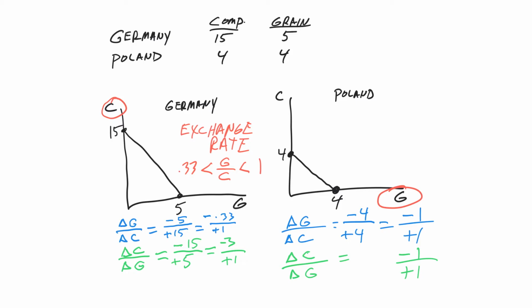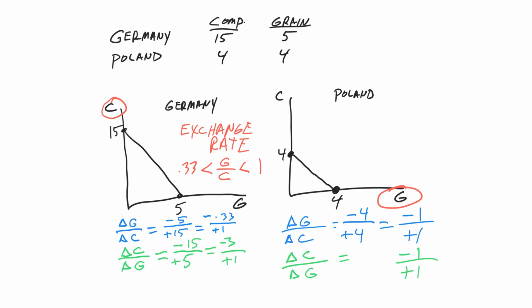So somewhere in this range, that's the exchange rate that works for the trade of computers. If the price of computers is greater than 1, there's no market. Germany's certainly interested in selling, but there are no buyers. Poland will just produce the computers on their own. They'll produce grain and computers. All right.